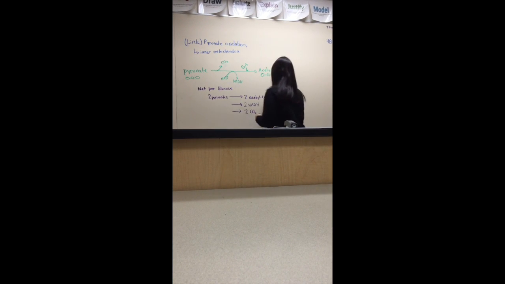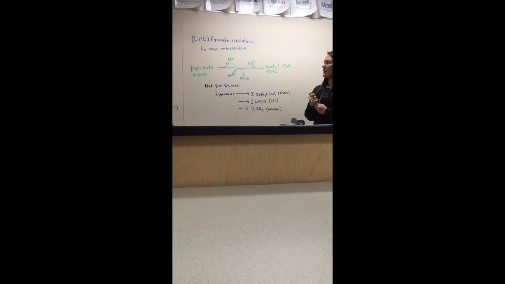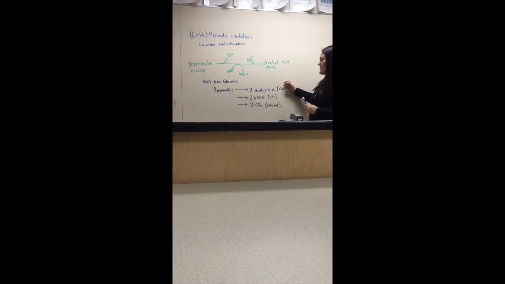To the ETC. And where's the CO2 going to go? What happens to CO2 in your body? It gets exhaled. Good. Okay. And so now our acetyl-CoA is ready to move on to our next stage.